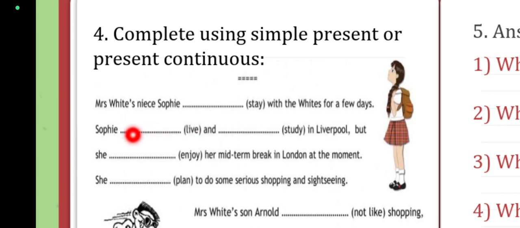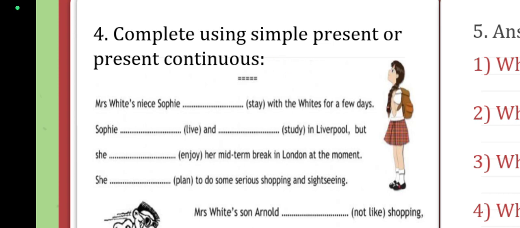Now here we have Sophie in Liverpool. Live, study in Liverpool. So this is something that is habitual for her. It is a habit. Yes, this is a fact. Okay, this is normal in her life. So for these two blanks, we need to use simple present because it is habitual.